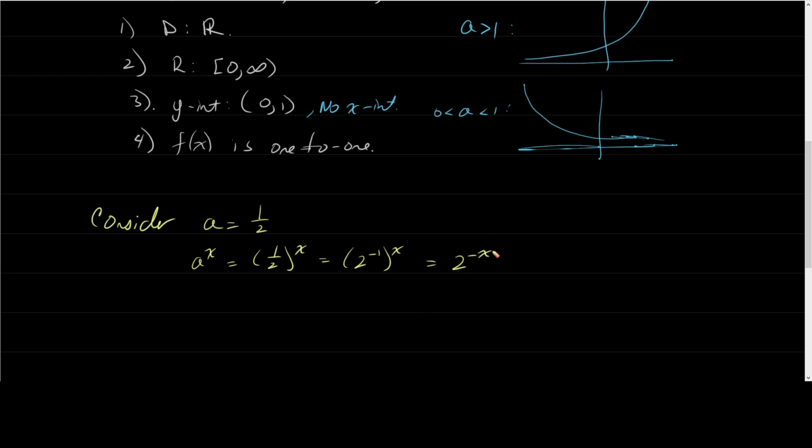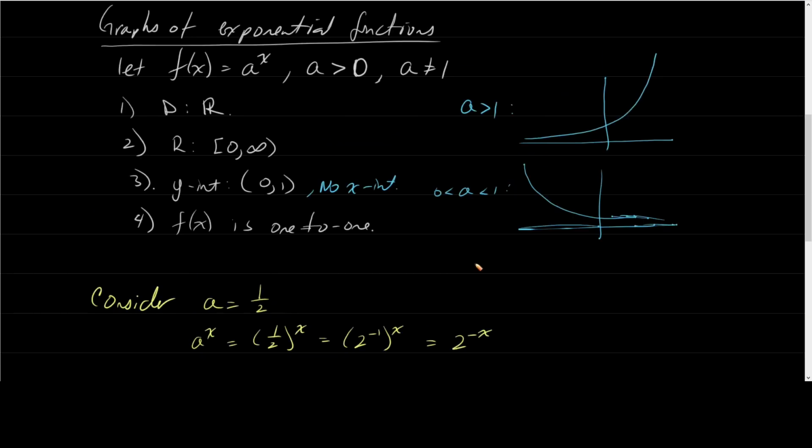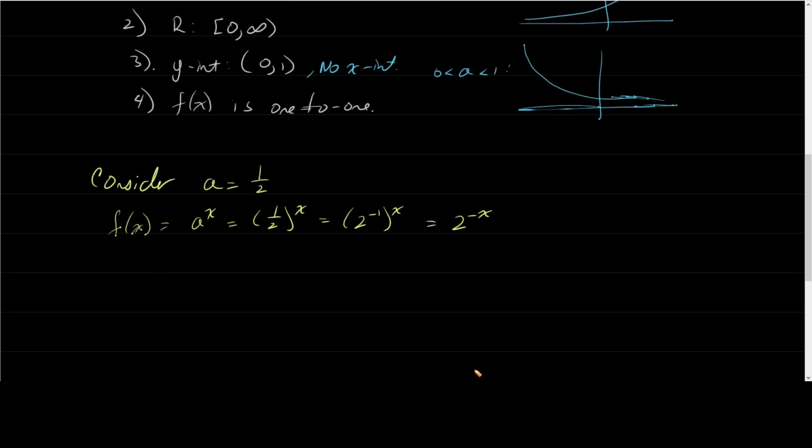I point this out because this is just a reflection over the y-axis. So I could write f of x as 2 to the negative x, and again, that would be just a reflection over the y-axis.